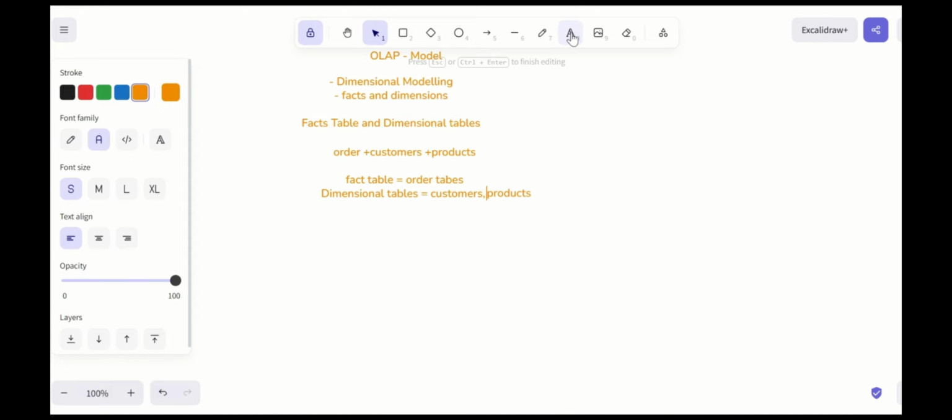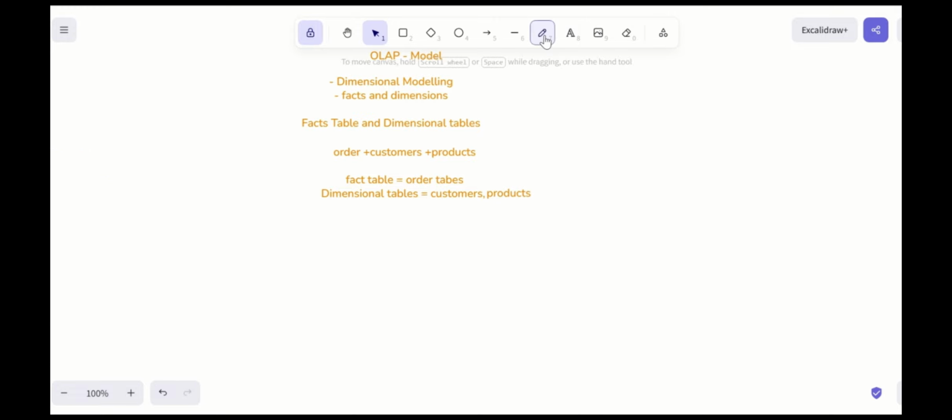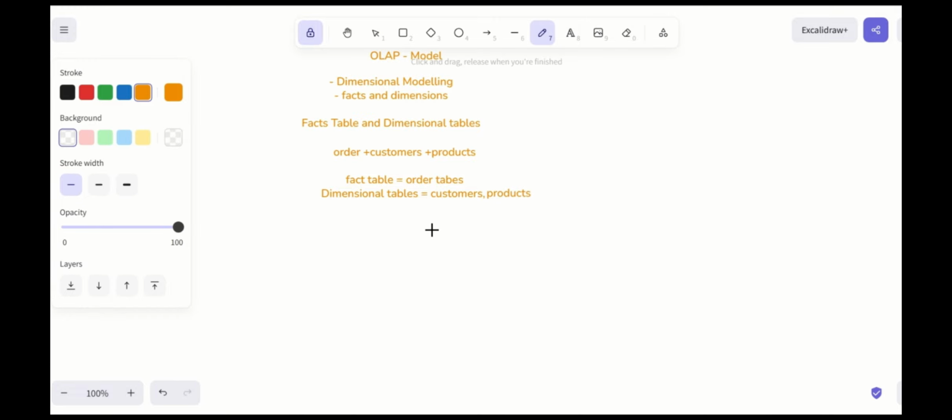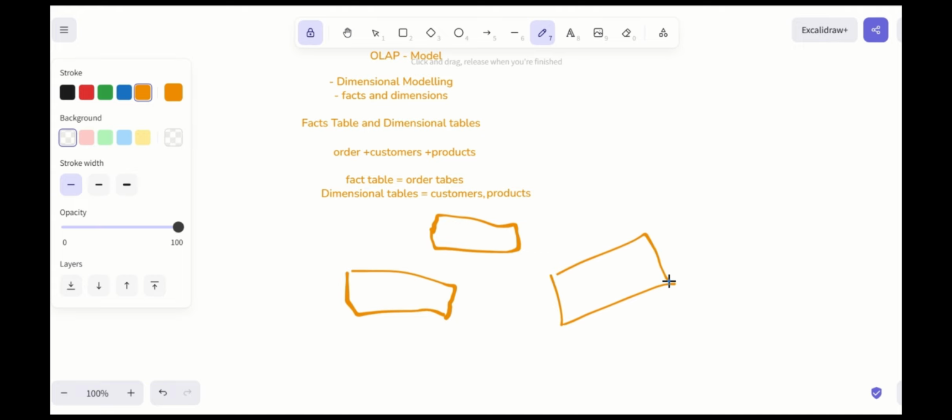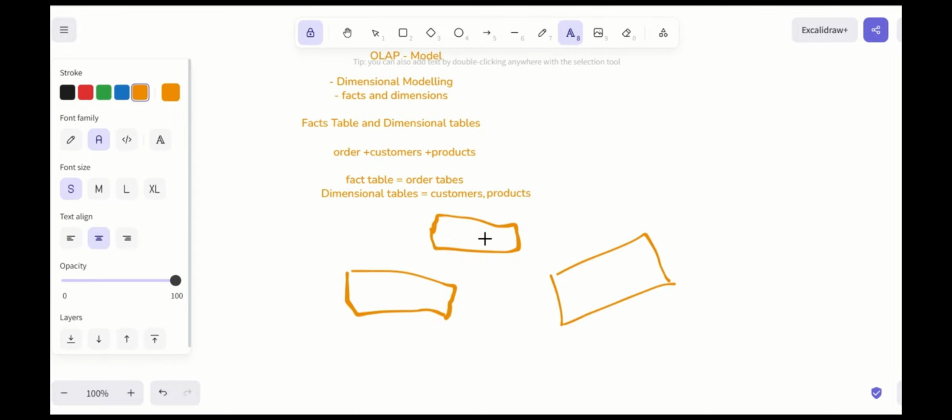So here we are going to have the orders table being the fact table, and then these two dimensional tables.